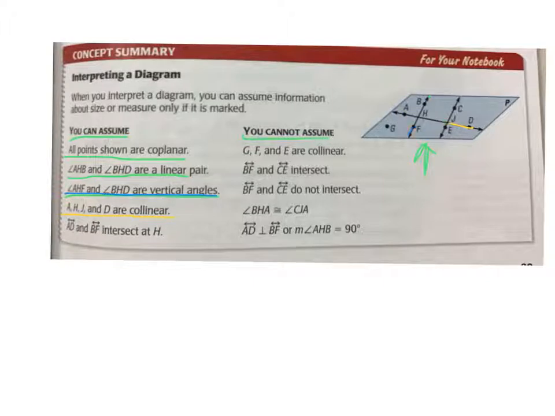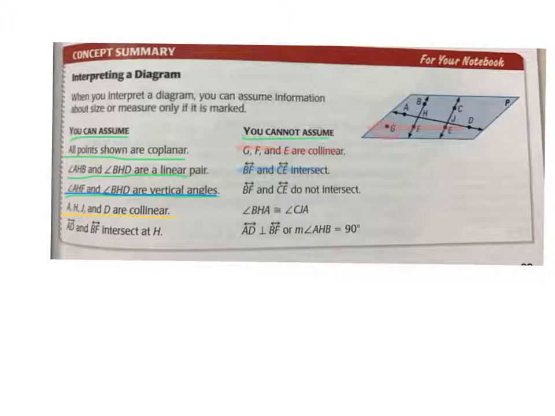Okay? Things you can't just assume by looking at it. G, F, and E are collinear? Look at where G's at. He's out here all by himself. If you look at it, they kind of look like they could lie on a line, but we can't assume because there's no line there.